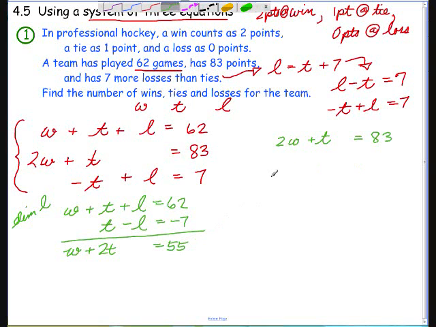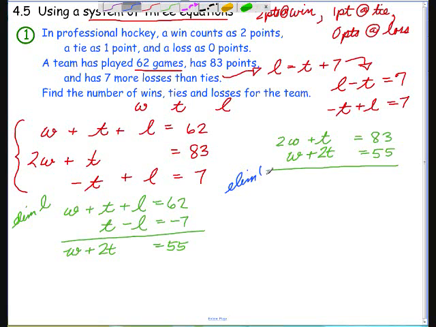Putting that up here, W plus 2T equals 55. I'm going to try to eliminate T.